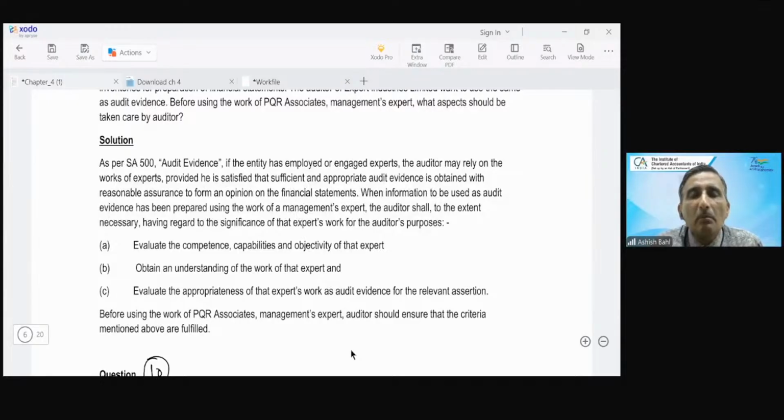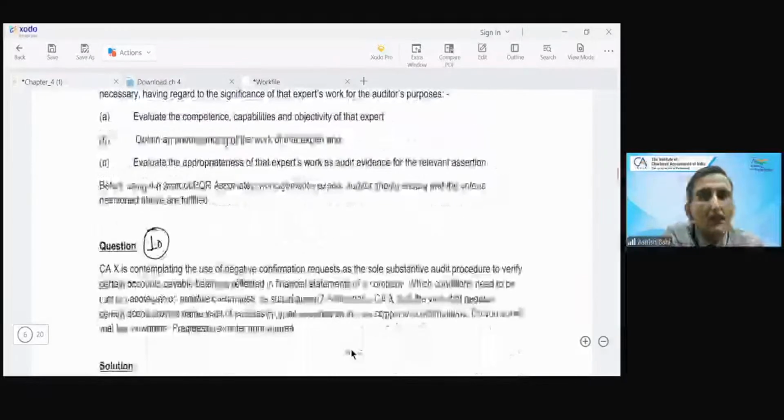What type of work he has performed, what is his experience, what is his standing. All these aspects would be gone through by the auditor. Clear?